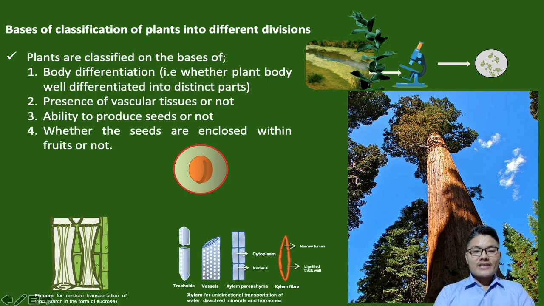On the basis of that, we also classify plants. And the seeds produced may be naked or enclosed or surrounded by fruit. Say in case of apple fruit, we are eating the apple pulp, but the seeds are present within the apple fruit. So hence, on these different characteristics, we classify plants into different groups or divisions.